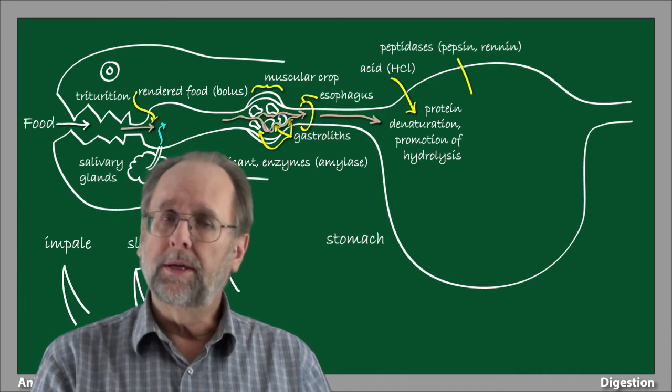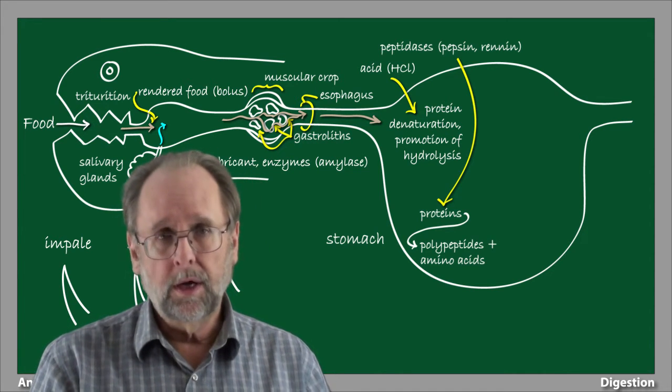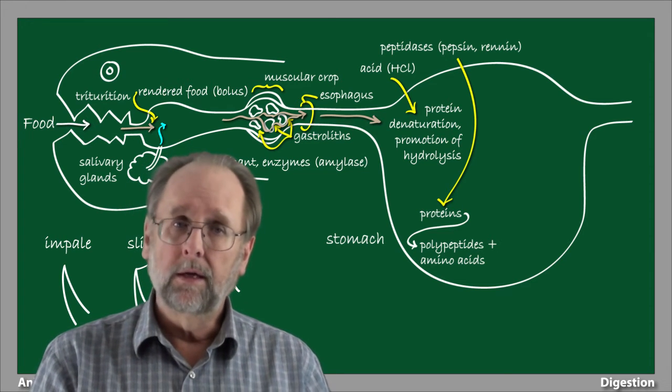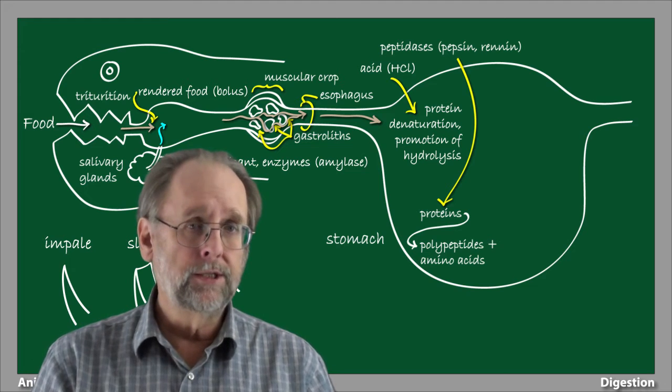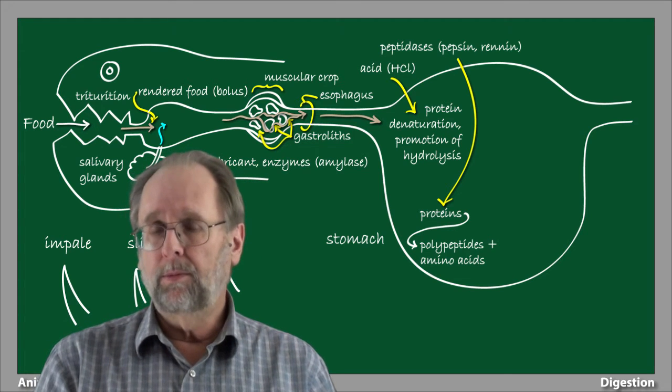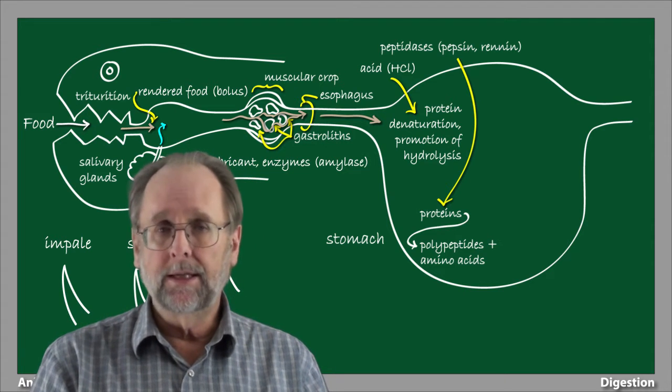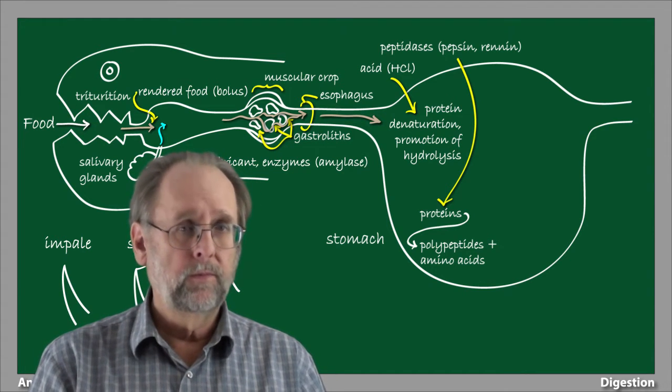The stomach lining secretes a mix of peptidases, the most prominent being pepsin, and in animals that can digest milk, renin, which breaks down certain milk proteins. This continues the process of protein degradation, converting proteins into smaller peptides and amino acids.